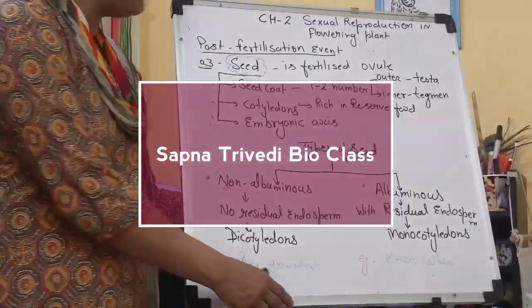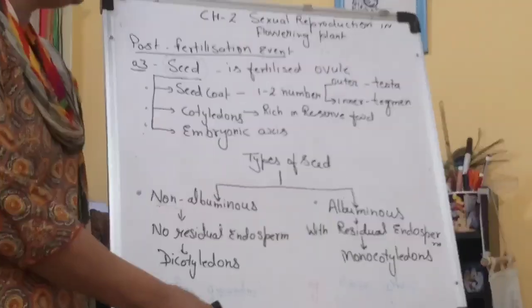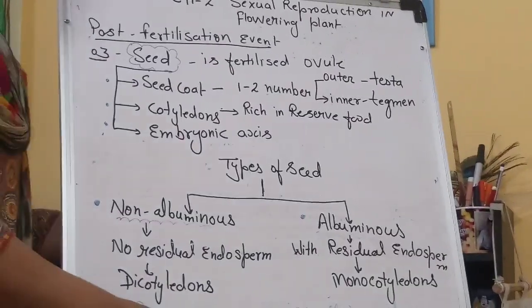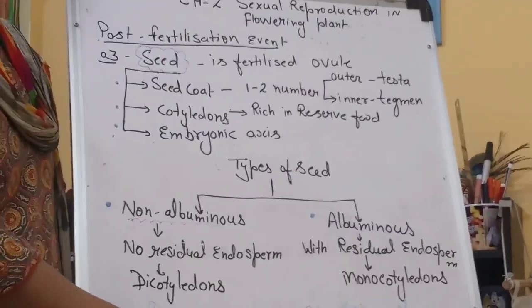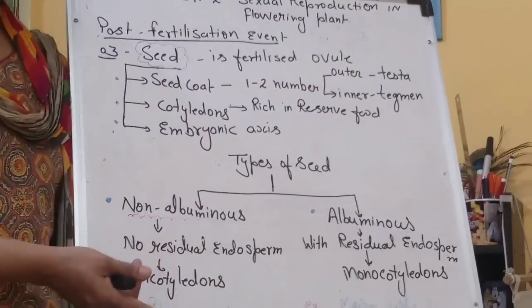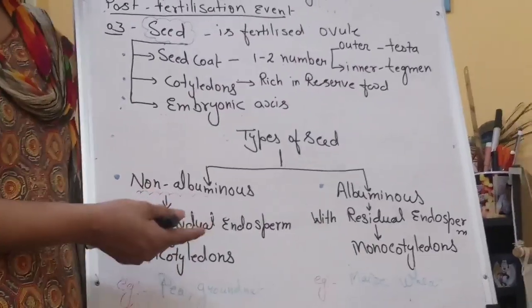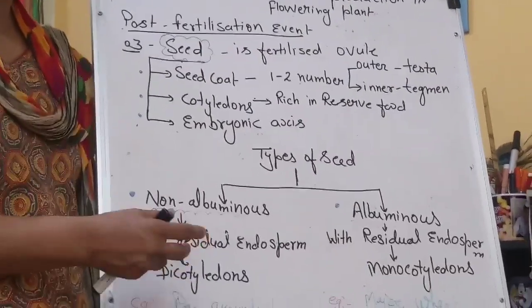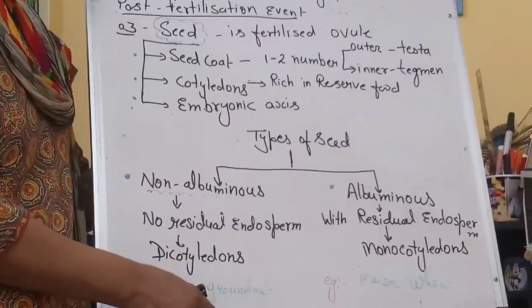We are proceeding to our next topic, post-fertilization events. In post-fertilization event number 1, we studied endosperm development. There we studied the coconut, tender, kernel, these words, and this is very important.